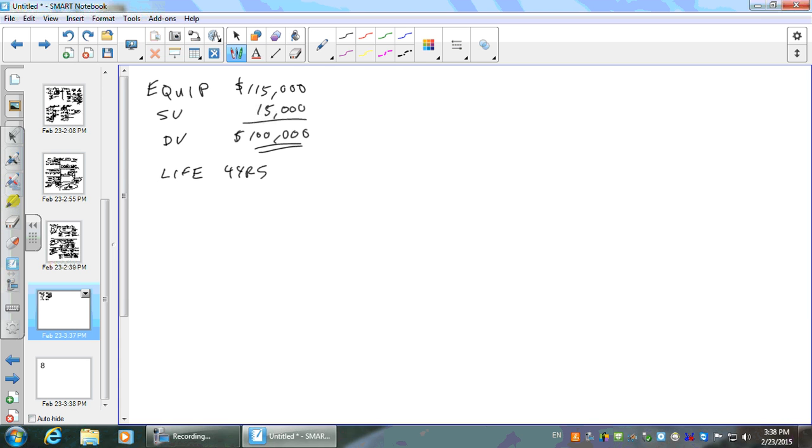Okay. Everybody good? And let's say the units it's going to produce over its life, units estimated, right, that they're going to produce. So one life would be 4 years. Units estimated are 20,000 units. Everybody good with that? And let's do different methods. One is going to be straight line.